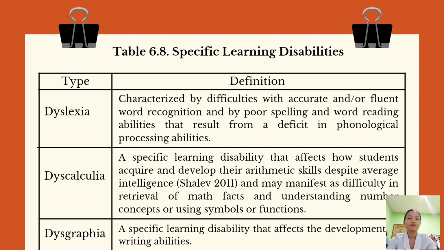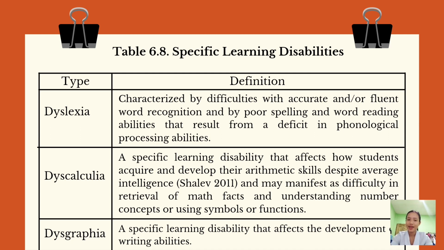First type, dyslexia, and its definition. Characterized by difficulties with accurate and or fluent word recognition and by poor spelling and word reading abilities that result from a deficit in phonological processing abilities. The difficulties are often unexpected in relation to other cognitive abilities and the provision of effective classroom instruction, according to IDA 2002.